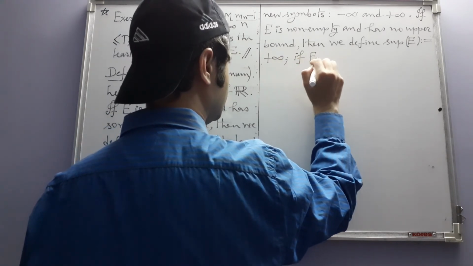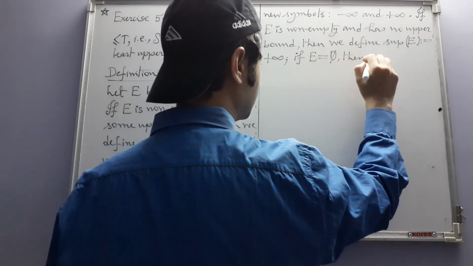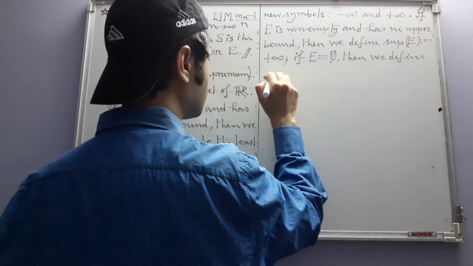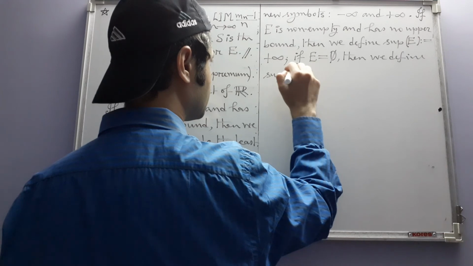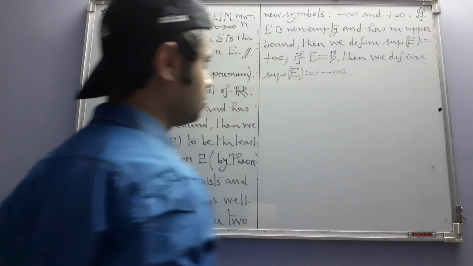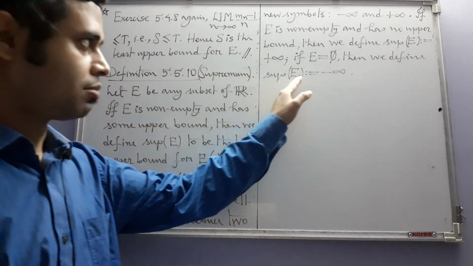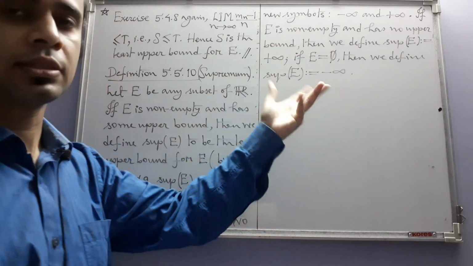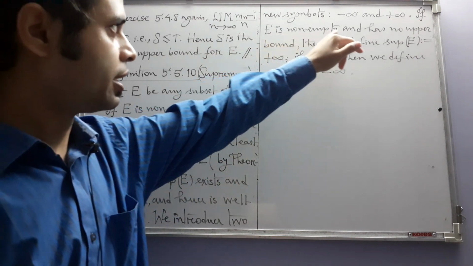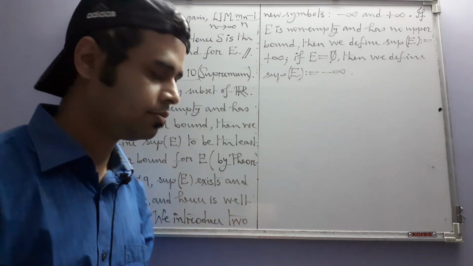However, if E is empty, then we define supremum of E to be minus infinity. Right now, these are just some fancy ways of saying the same thing. This means that E is empty. This one means that E is non-empty but has no upper bound.